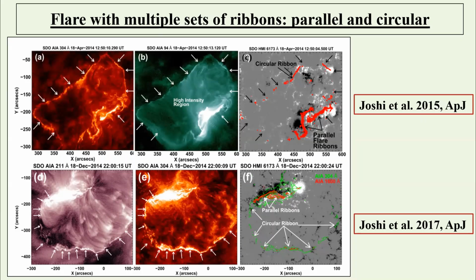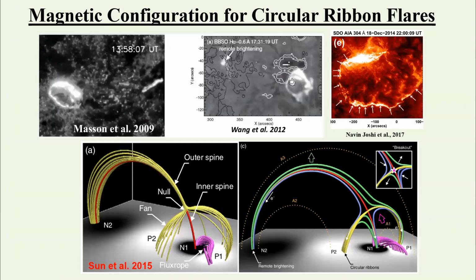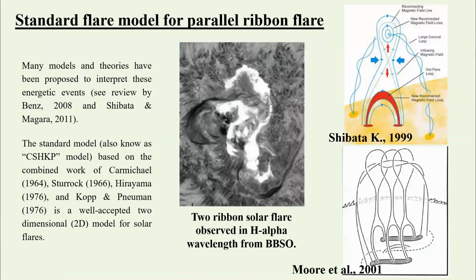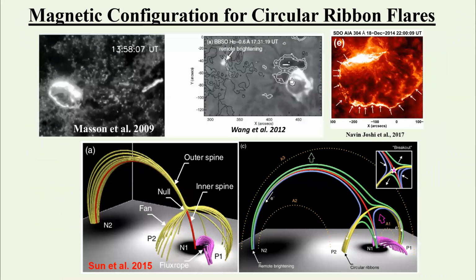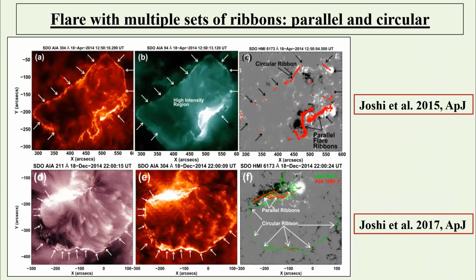And one more important point is that in the previous studies, people talked about either the parallel flare ribbon or the circular ribbon flare. In our case, because of the large scale, we have found the combination of both kinds of flare ribbon.